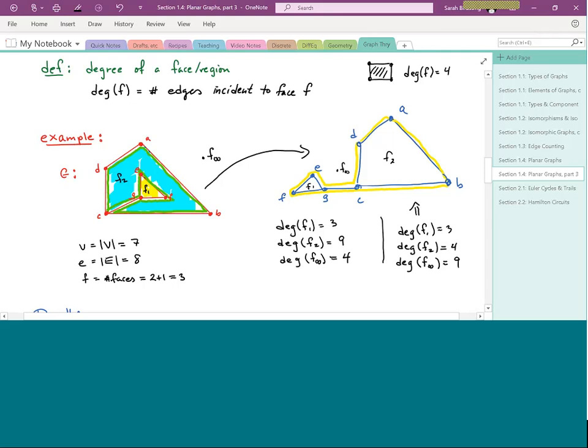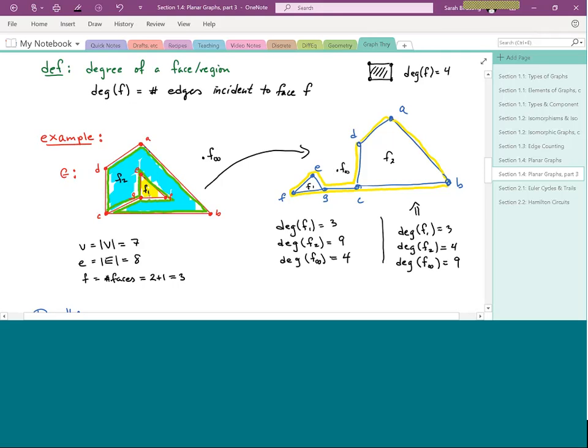Now, if we notice our funky edge, the one that was a bridge, this guy here, GC, or in the first depiction over here when they're nested, what happens? That edge is also counted twice, but because that edge is part of the same face, it's counted twice in the degree for that same face, whether it was the unbounded face, or face 2.